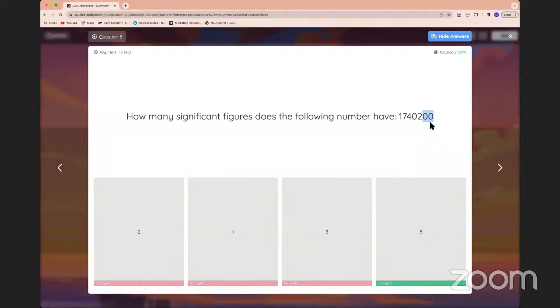But if we're going with the assumption that no decimal place means all the trailing zeros are not significant, then you would go with 5. And that's the convention that many textbooks take. But again, I wanted you to be aware that there is ambiguity when no decimal place is present. The answer could be 5, 6, or 7.